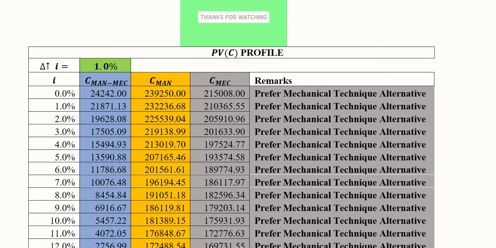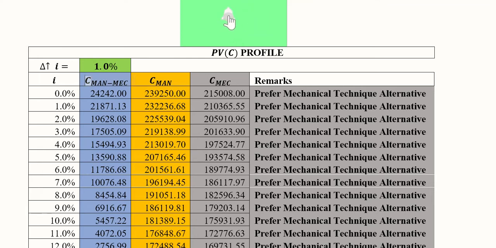Now we have built a profile that will help us to observe how this crossover discount rate is happening. What we have done is we have taken the difference of discount rate, that is 1%. So we are checking each successive value with the gap of 1%: 0, 1, 2, 3, 4, and 5.